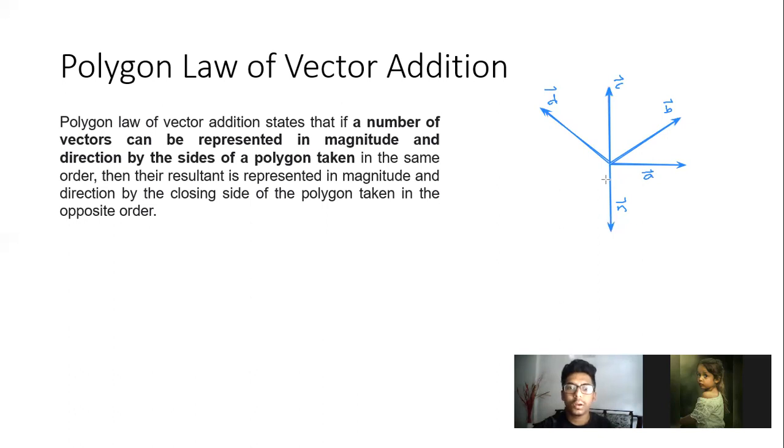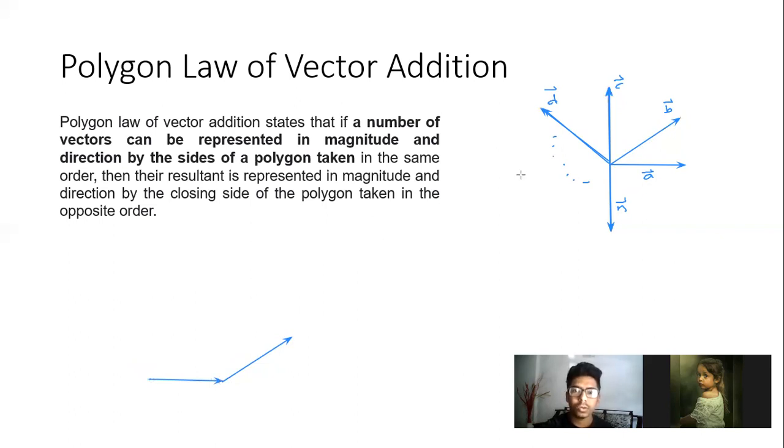The polygon law of vector addition says if a number of vectors can be represented in magnitude and direction by the sides of a polygon taken in the same order, so I take this A vector here first, and I have the next B vector. First I say there are some n number of vectors, dot dot dot. I don't know, there are some n number of vectors.